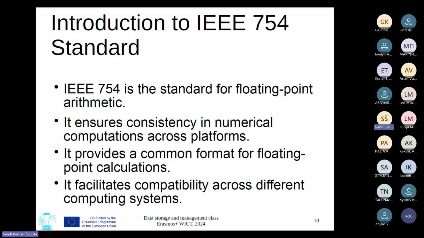So, for example, something like this, 10,000 can be written like 1 times 10 to the power 4. And to illustrate it better, 1.0 times 10 to the power 4.